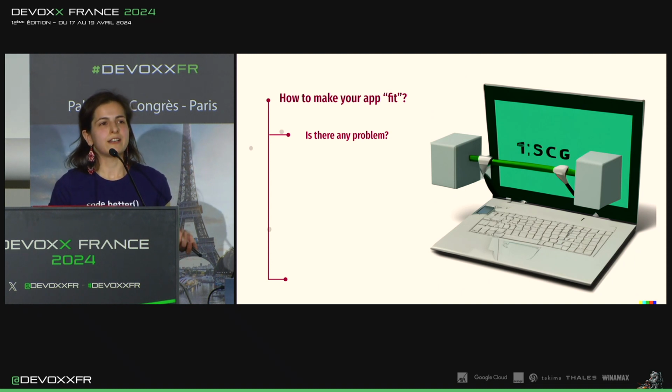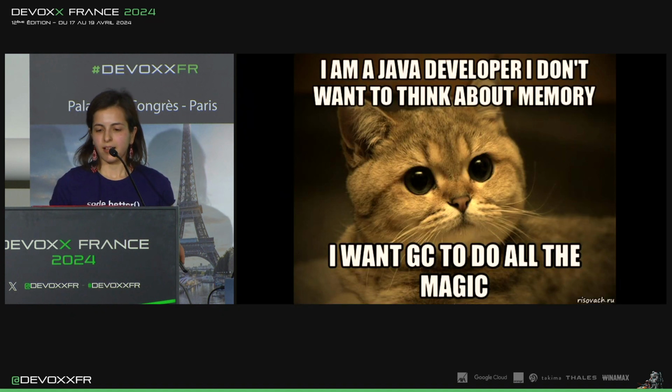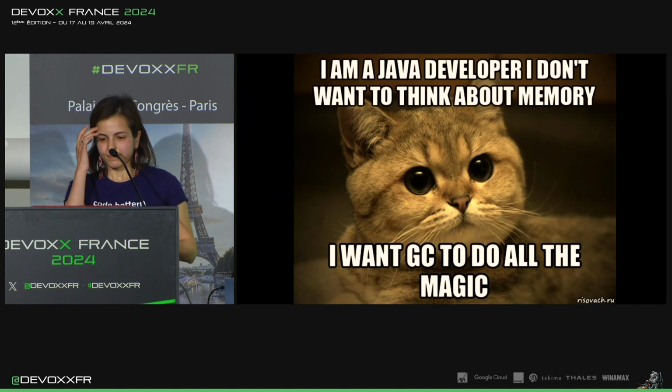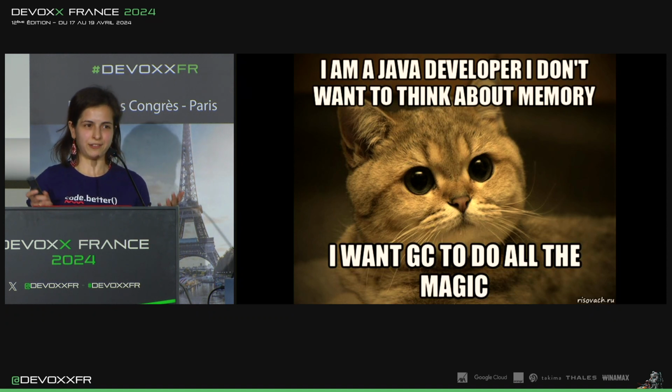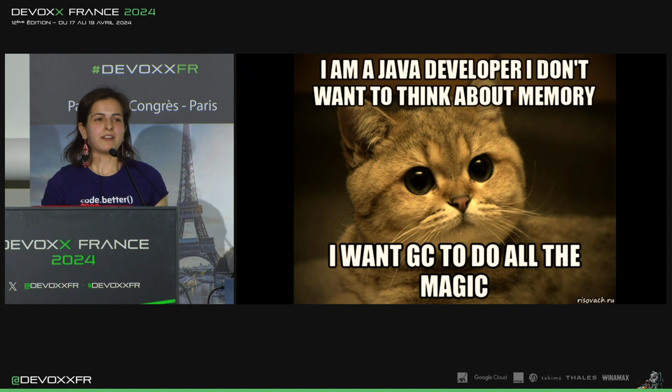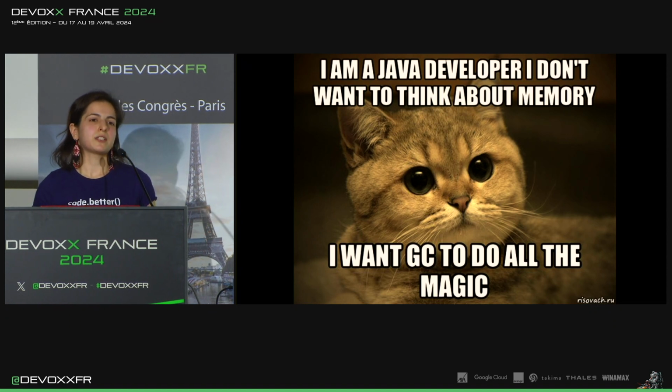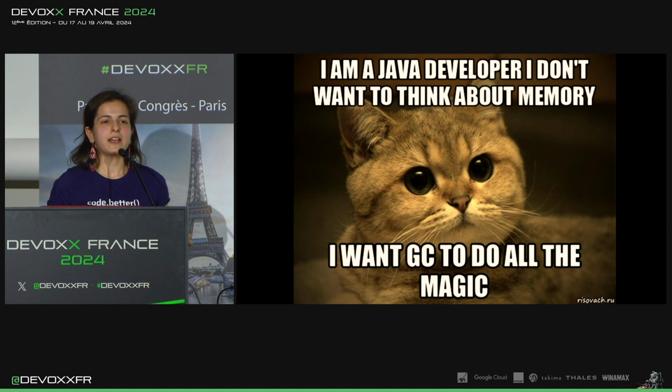But how could I know whether I am satisfied or not? Why don't we know? Why is it so hard for Java developers to understand whether there is any problem with memory? Because back when I switched from C++ to Java, I was so happy to have a garbage collector, and I thought I should not care about memory anymore.